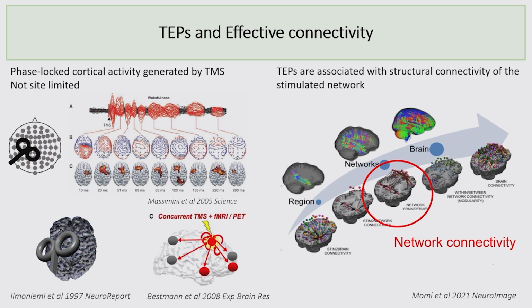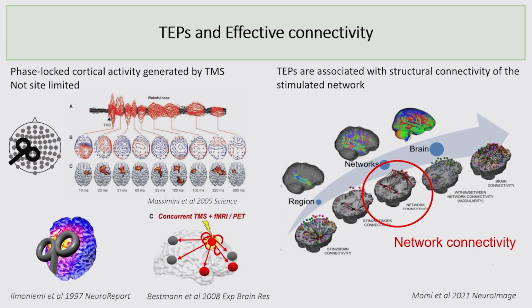First, TEPs are obtained from TMS-EEG co-registration, as Leo said. That is the registration of the EEG signal during application of TMS pulses. They are phase-locked neural activity generated for a few hundreds of milliseconds after the TMS.